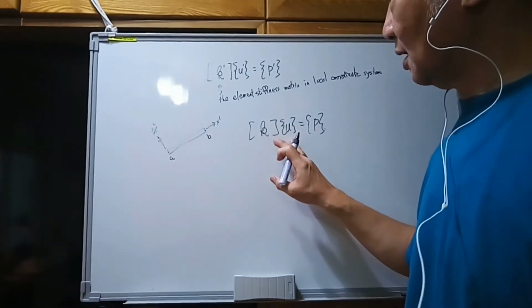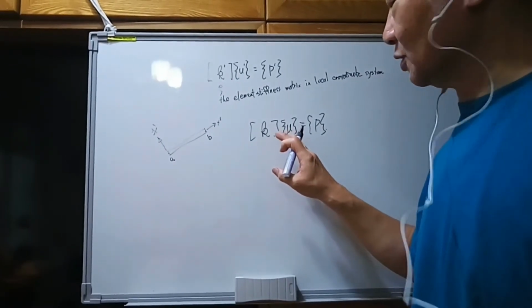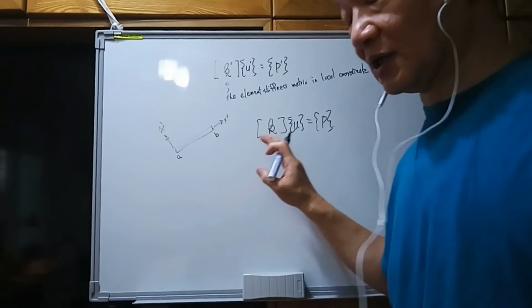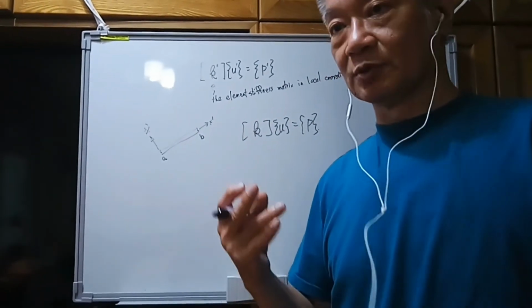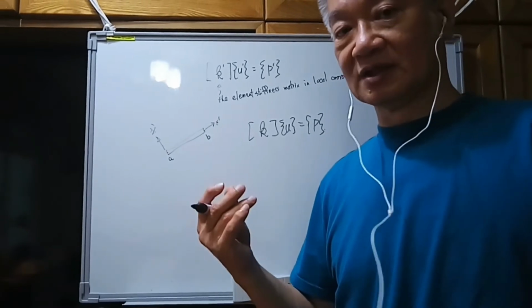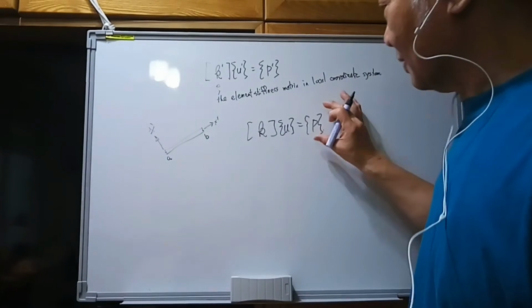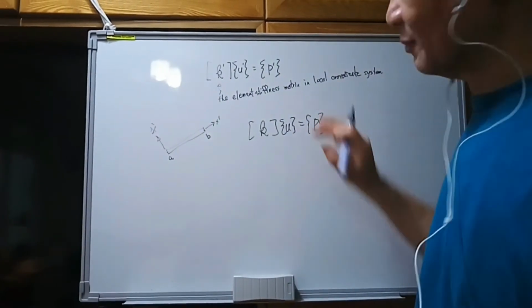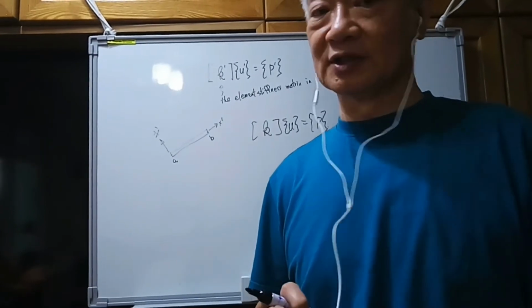The related nodal displacements, the components in the U vector, are also the components considered in the global coordinate system. And for the member end force, we also like to use the global coordinate system.